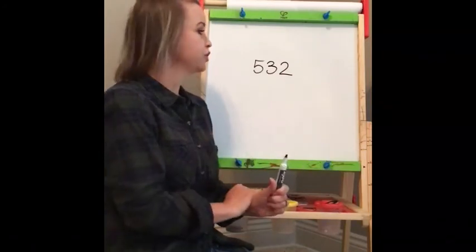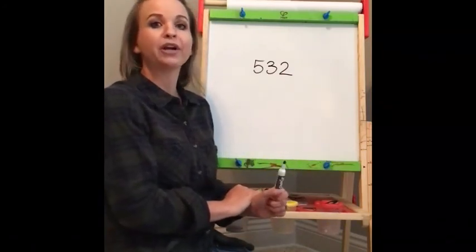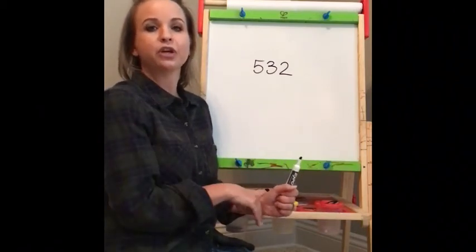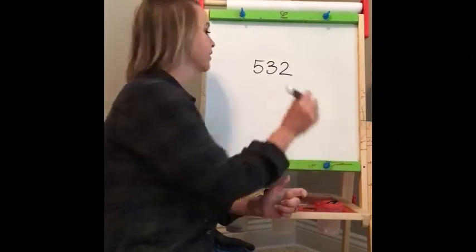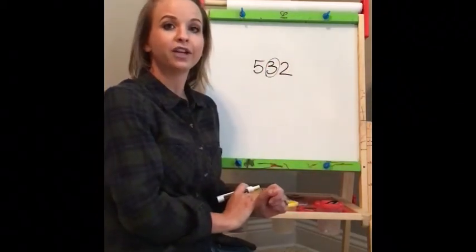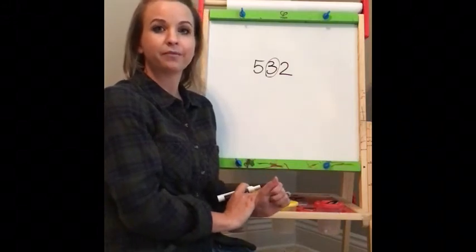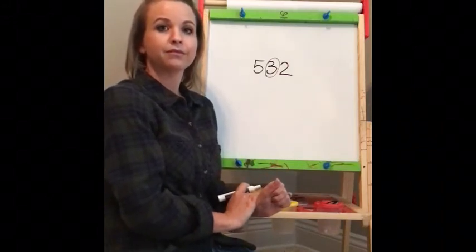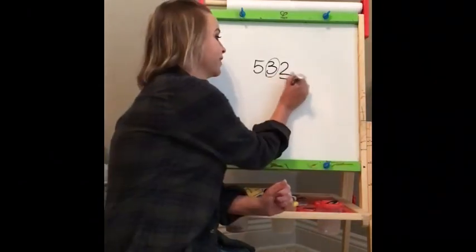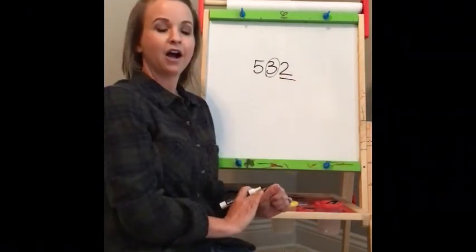I want you to circle the number in the tens place. What number did you circle? Very good. I want you now to underline the number in the ones place. What number did you underline? The 2. Very good. All right, now erase your board.